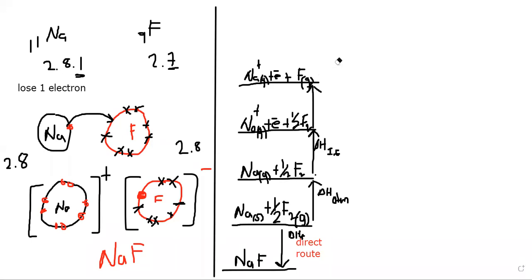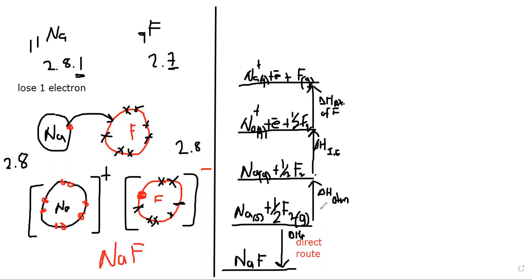So once that is achieved now, if you remember the processes that I said were involved, this is the atomization of chlorine, not chlorine, fluorine. I'm going to put AT of fluorine. So it's the atomization of fluorine.